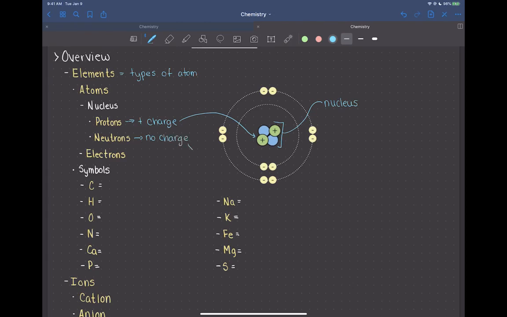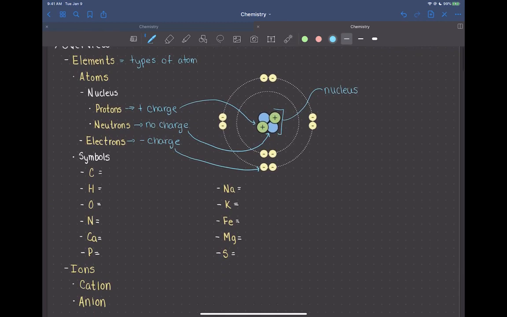Those are these blue guys here. So in the nucleus we have protons and neutrons, and then floating around those in rings or shells, sometimes referred to as clouds, we have electrons, which have a negative charge. All of these around there with their little negative charges would be electrons.